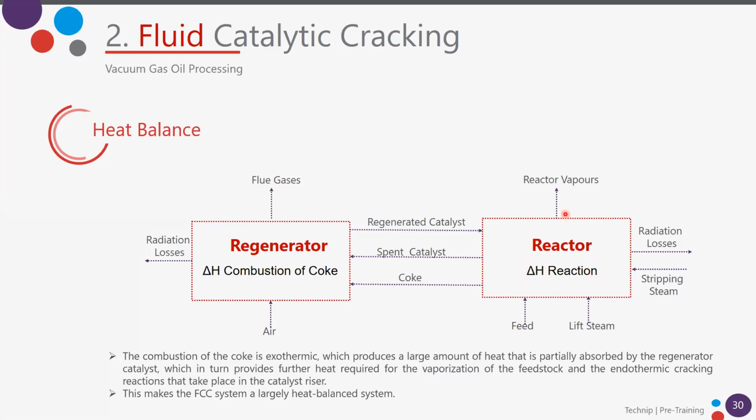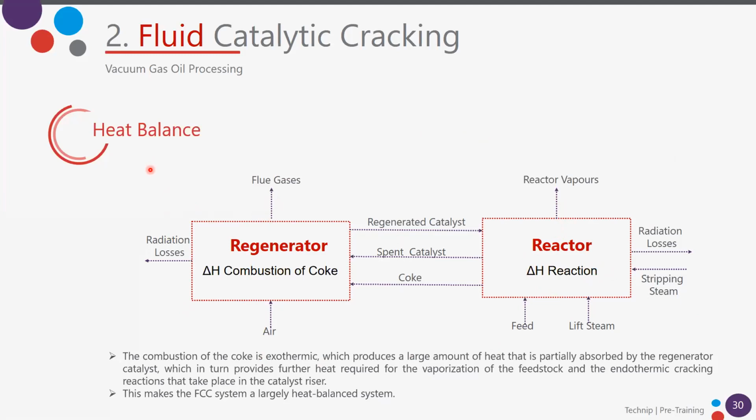Okay, then of course we'll have some heat content here in our product, and in the regenerator also, remember that we have some heat here that we will use to produce steam. So it is all well balanced, the heat in the unit. And of course, we will make some examples maybe in the next level.